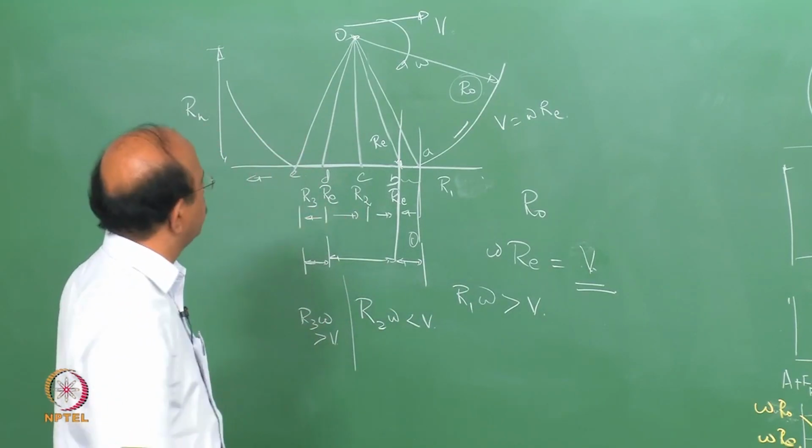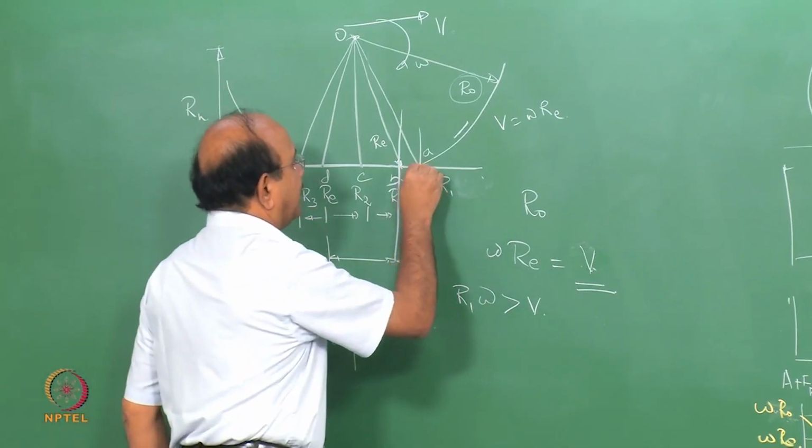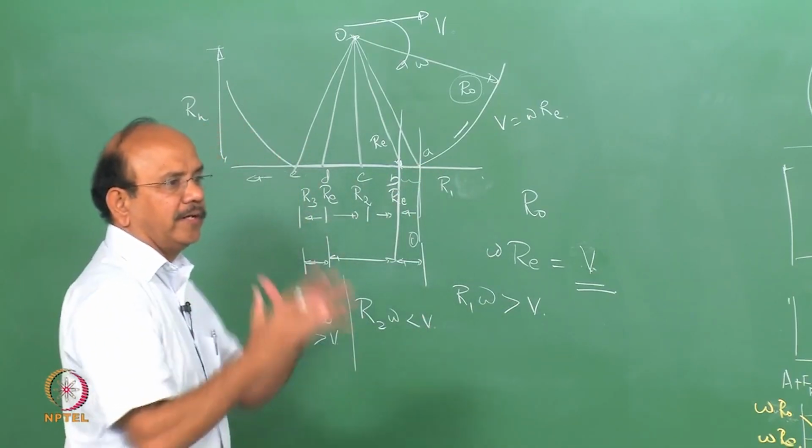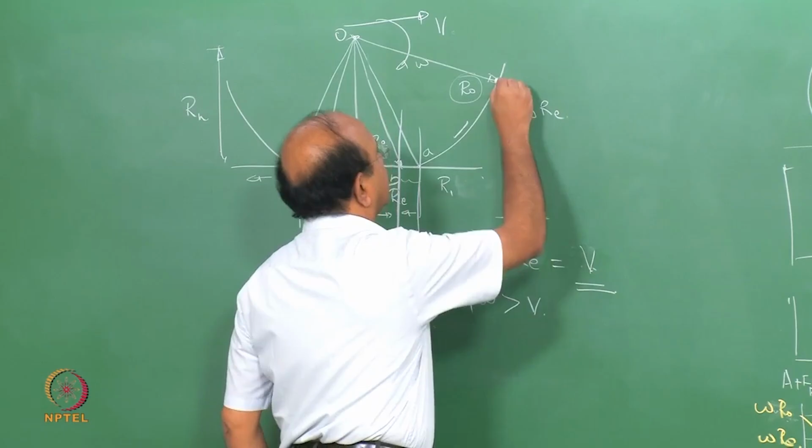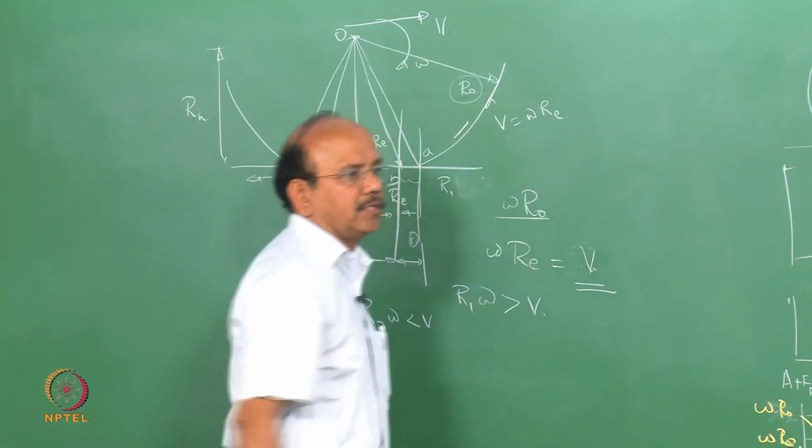I'm repeating it. At this point, I hit the contact patch, so omega R0 is the tangential velocity at that point.